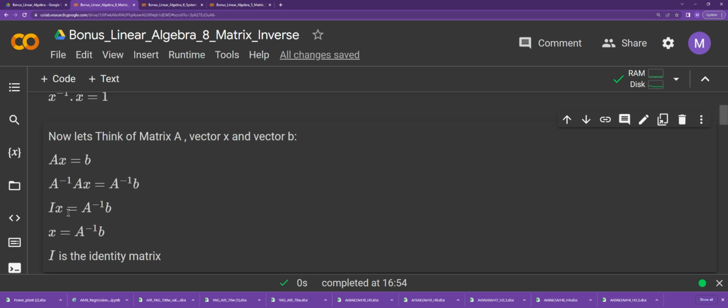So really then X is going to be A to the power of -1, the inverse of A, times B.